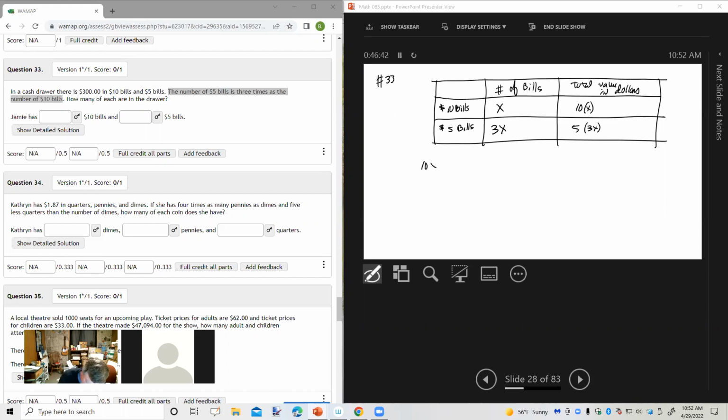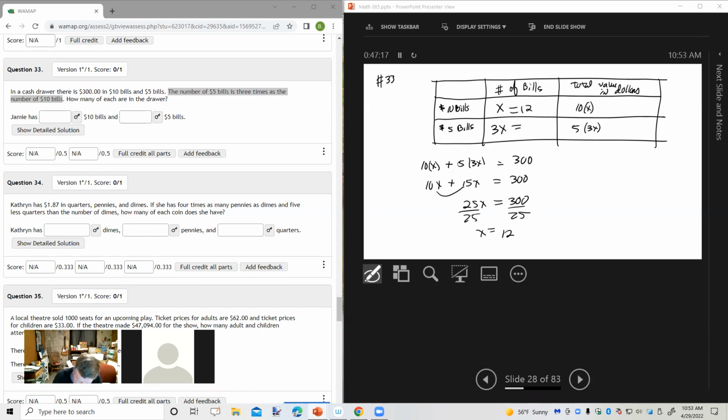If we take the total value of the 10s plus the total value of the 5s, we get the total amount, which is $300. So I've got 10X plus 15X equals 300. 25X equals 300. Divide by 25, X equals 12.